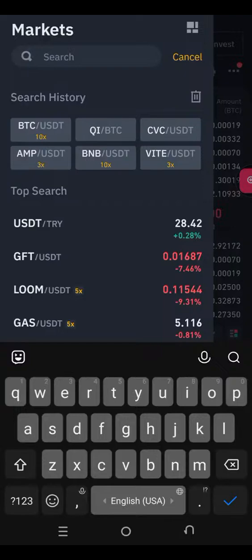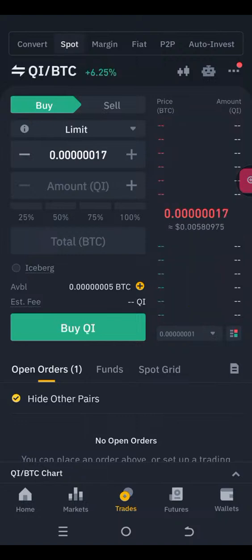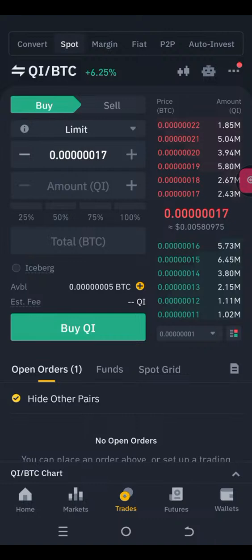Triangular arbitrage just means you're taking advantage of the disruptions and imbalances in the market and profiting from them. It's like you're looking for bargains and making profit off the little imbalances in the market. So here we have QI BTC, and triangular arbitrage naturally involves three coins.